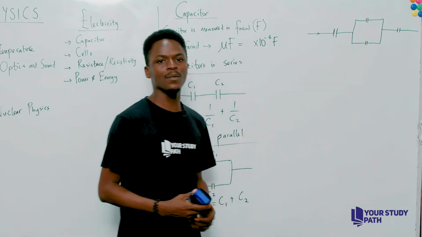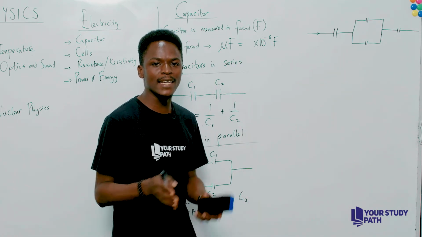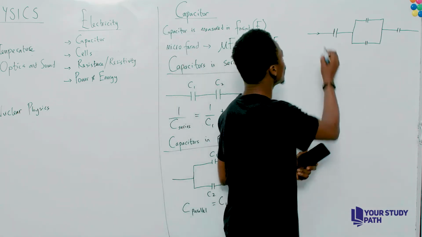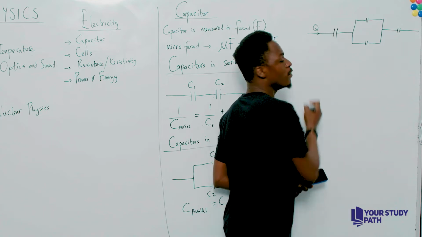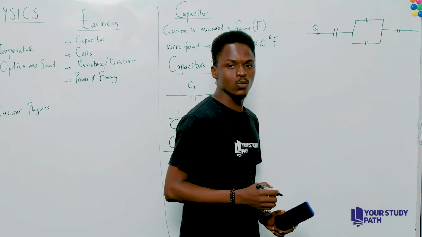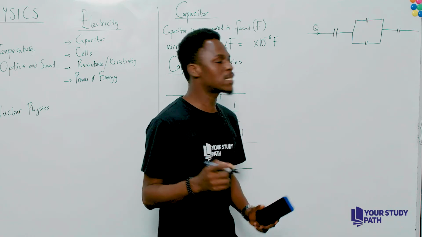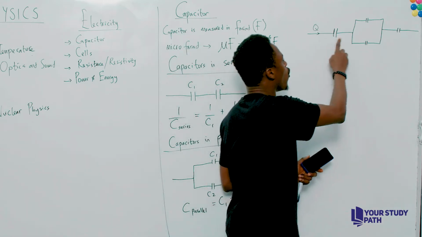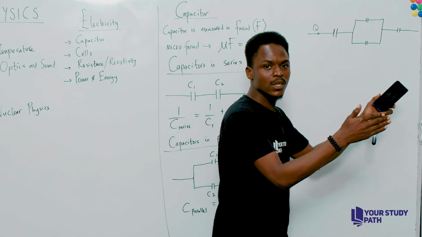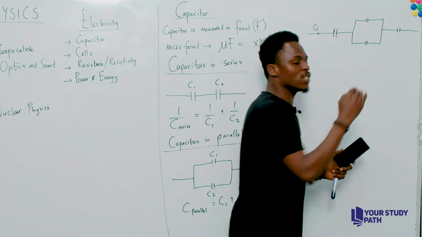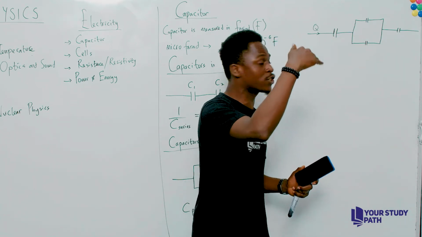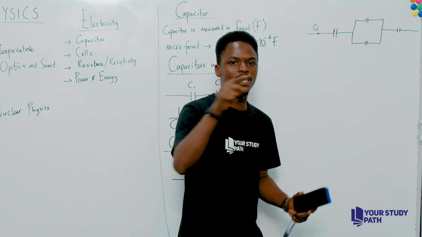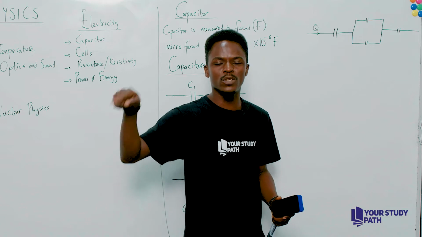Now, if you have this diagram, how do you identify a series connection and a parallel connection? Very key. Watch. If charge value Q is flowing this way, you must expect that, tracing your circuit diagram, the moment charge or current is flowing through any circuit and the flow is unidirectional, meaning it can flow through only one direction, then that connection pathway is a series connection.